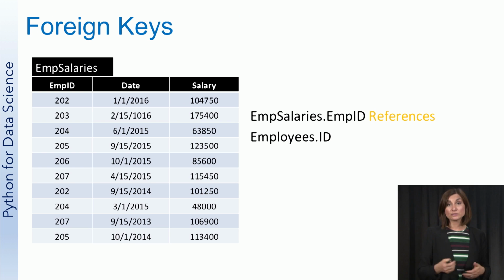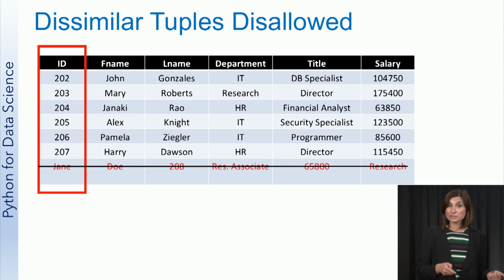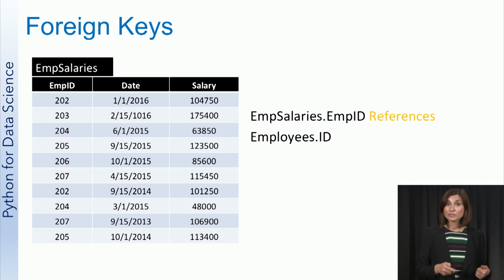Let us now introduce a new table containing the salary history of employees. The employees are identified by the column employee ID, EMP ID, but these are not new values that this table happens to have. They are the same IDs that are present in the ID column of the employees table presented earlier.